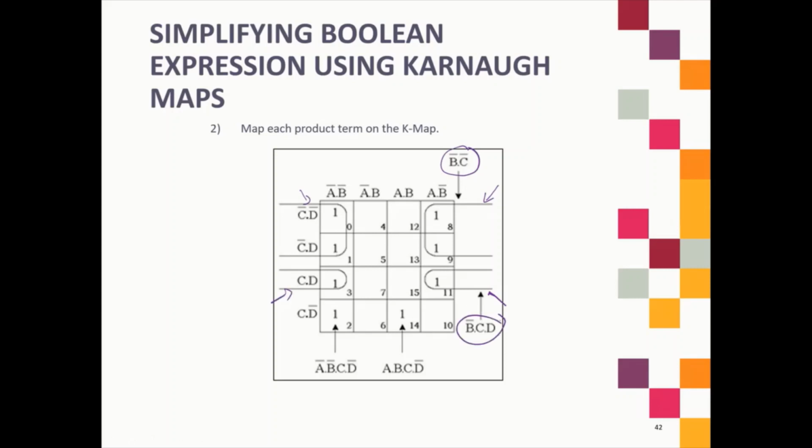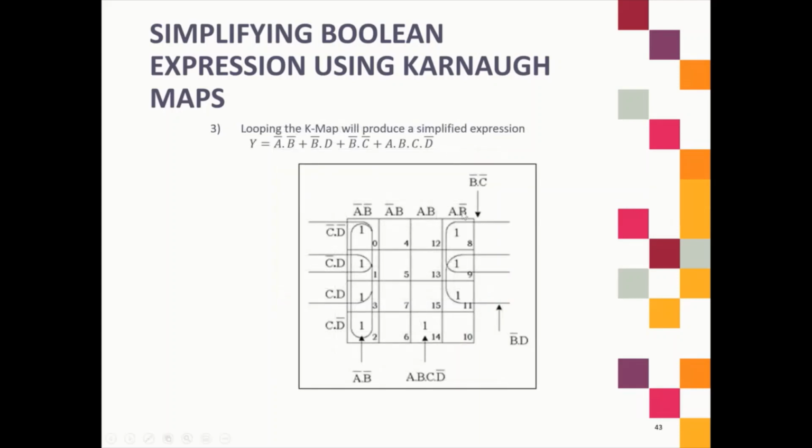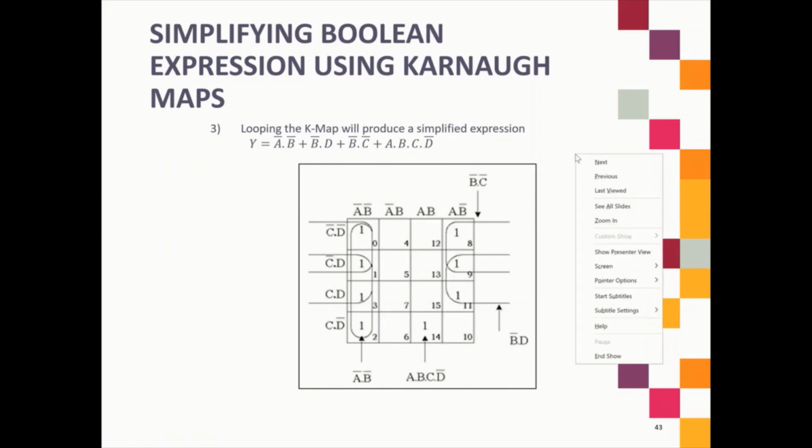This is not the last process for simplifying, just to show you how you can map the value. After you map the value, you can simplify, same as what I showed earlier. So this is how you simplify the expression using K-map. Now I will show you another 2 examples.